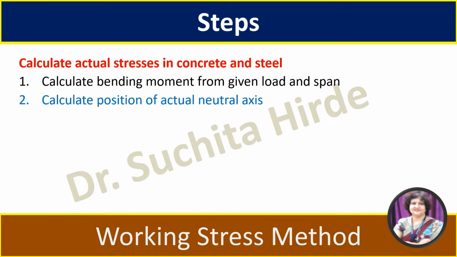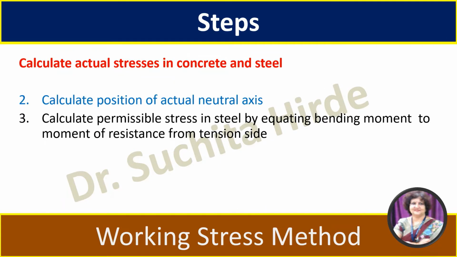After calculating bending moment, then you have to decide the position of actual neutral axis. After that, we calculate the stresses in steel and concrete. So first of all, we calculate stress in steel by equating bending moment to moment of resistance from tension side.